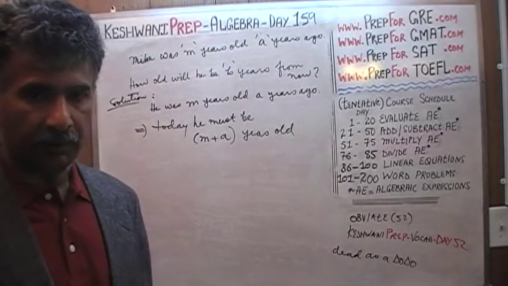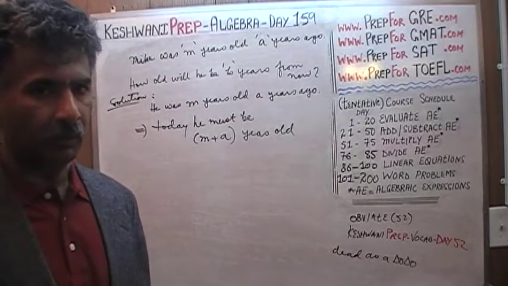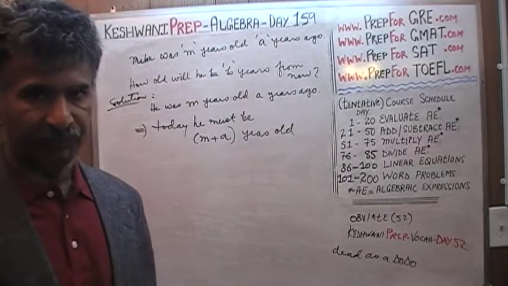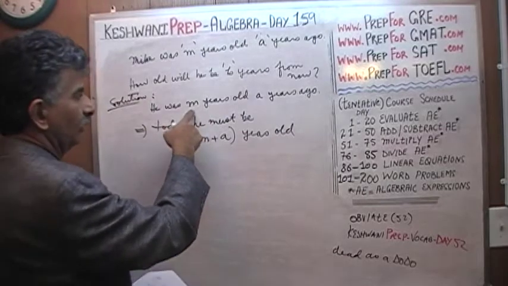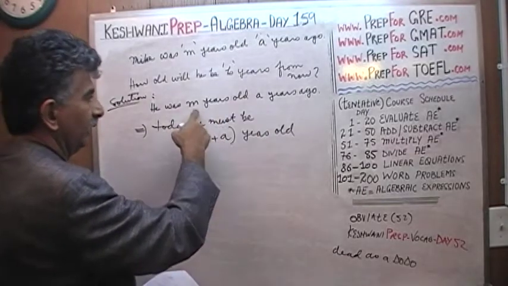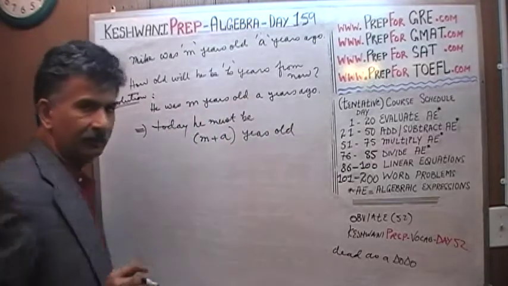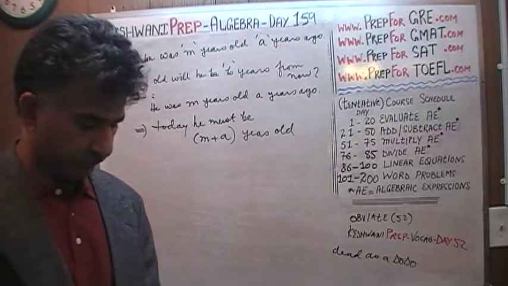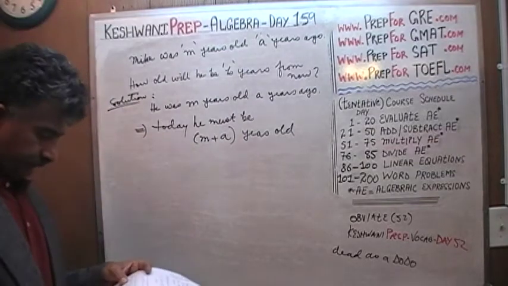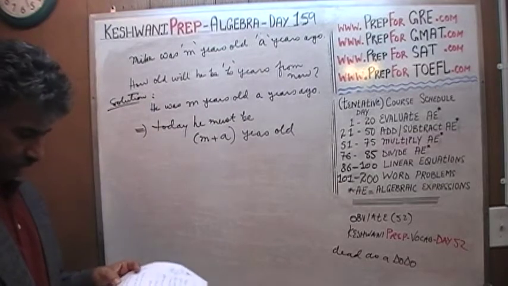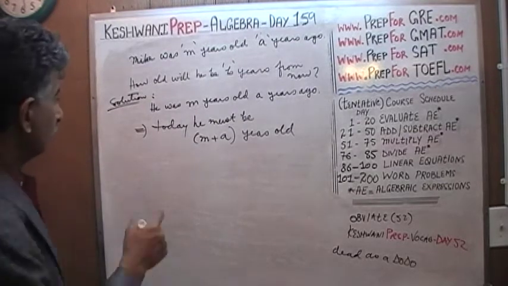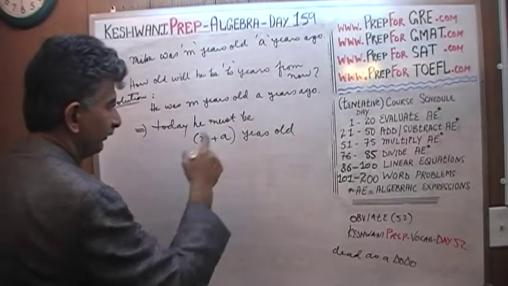Dodo is a bird that is extinct, a bird that no longer exists. Hence the expression, there is a dodo. So if he was 70 years old 10 years ago, then today he must be 70 plus 10, 80 years old, or there is a dodo. I know algebra is a lot of fun. So today he must be M plus A years old.